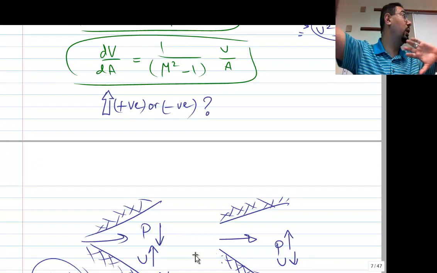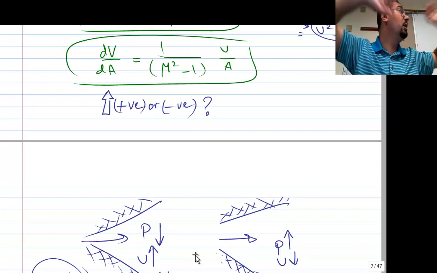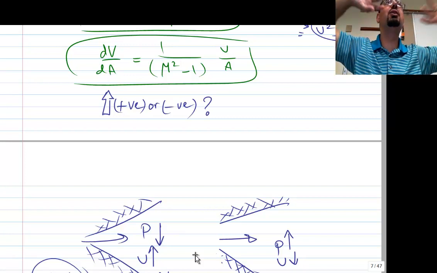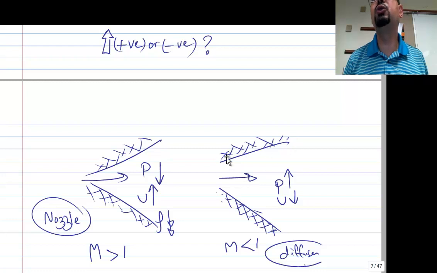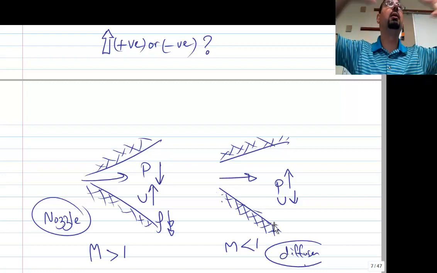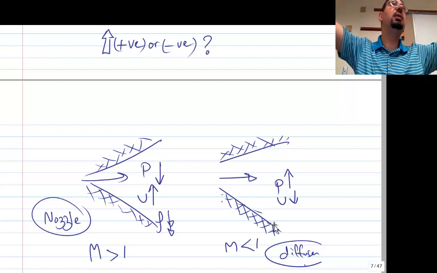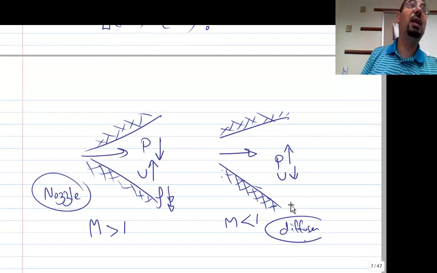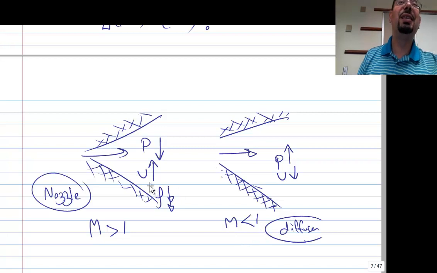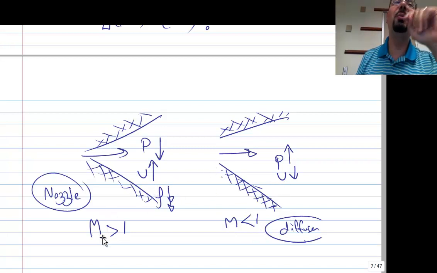That's why they build the rocket nozzle with something like this. They give it more and more area so that its velocity gets bigger and bigger. And subsonic flow will see something like this, and it will say, that's a diffuser, I better slow down. Same geometry, different physics depending on that magic number.